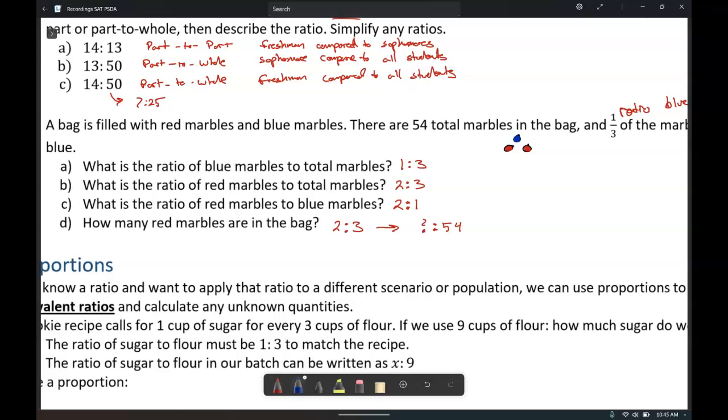So we can look at a relationship and say, if 3 marbles is the whole compared to 54, how can we get from 3 to 54 multiplicatively? We could multiply by 18. That means if we take 2 and also multiply it by 18, we get the total number of red marbles, which is 36 red marbles.